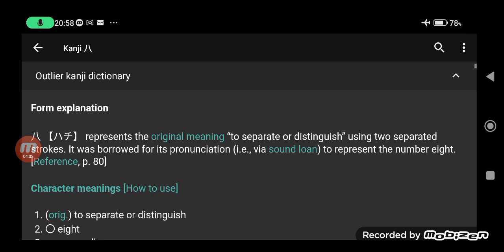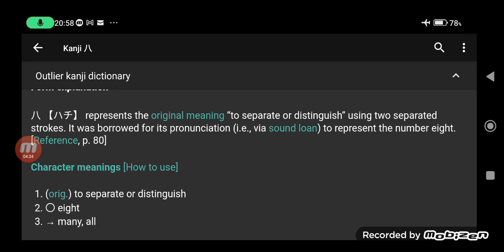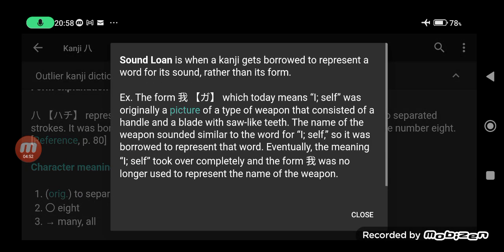Okay, so form explanation. The hachi represents the original meaning to separate or distinguish, using 2 separated strokes. It was borrowed for its pronunciation via sound loan. What is the principle of sound loan? Sound loan is when a kanji gets borrowed to represent a word for its sound rather than its form.